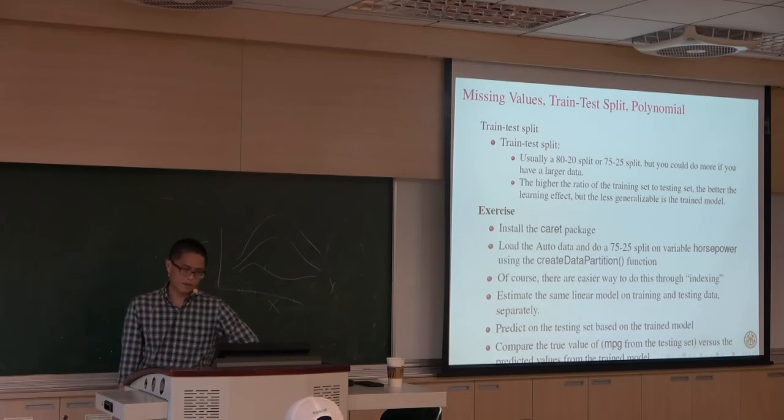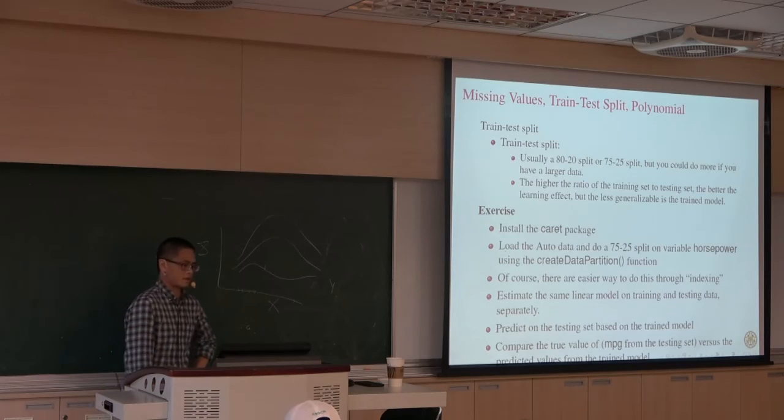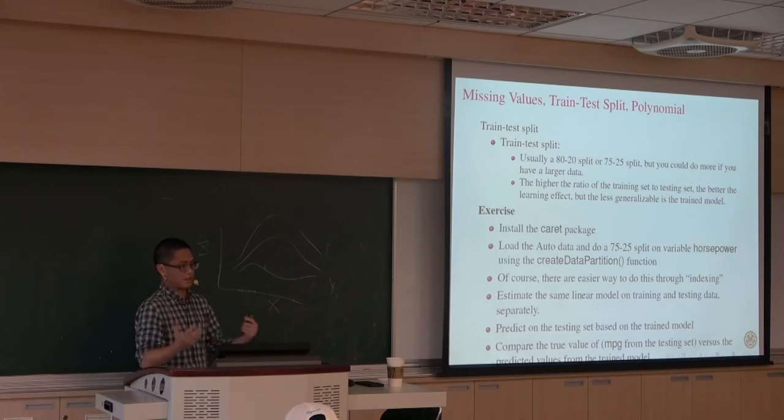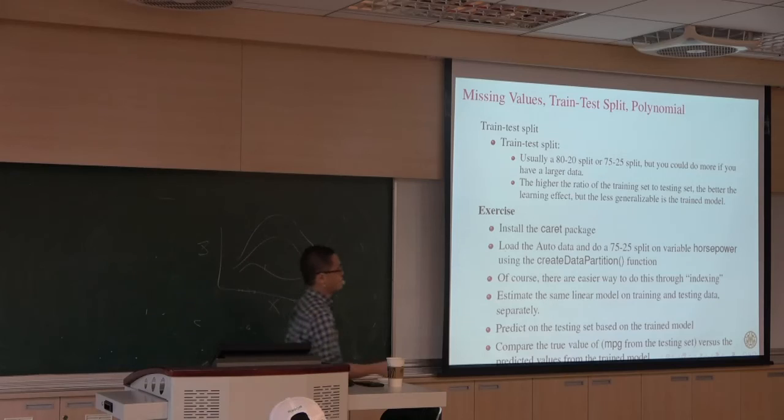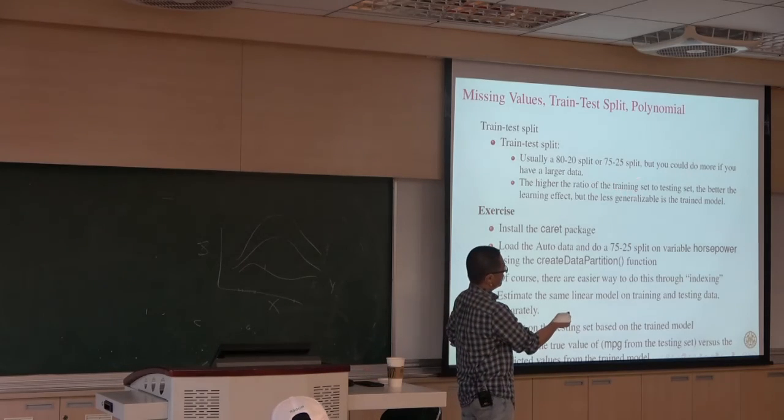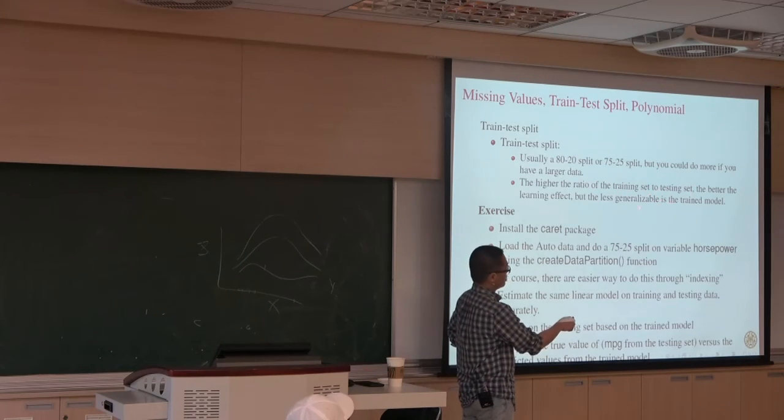Usually you can do an 80-20 split or a 75-25 split. Of course, you can do more if you have larger data sets. The higher the ratio of the training set to the test set, the more information you can derive from the data in your training set.